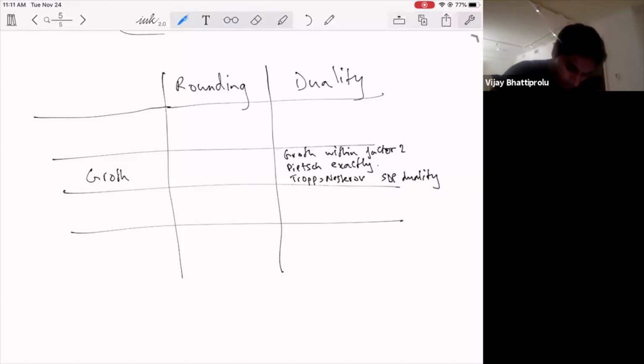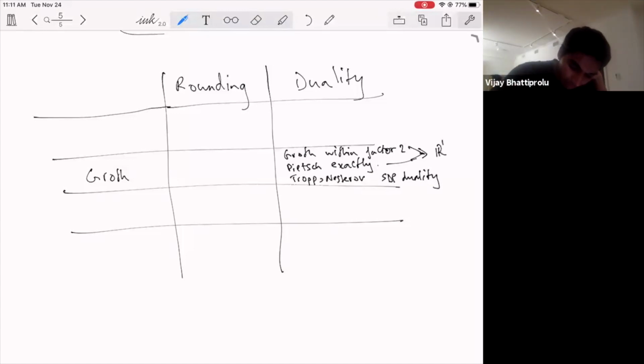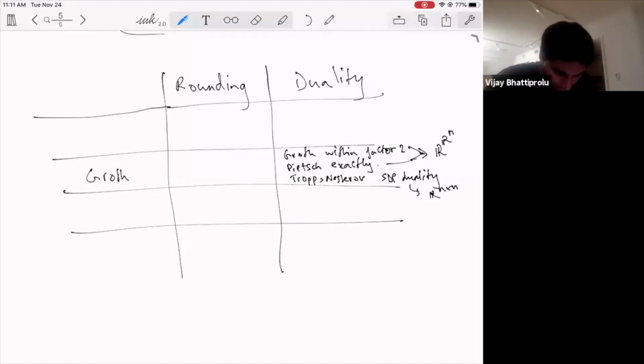Grothendieck's and Pisier's proofs were also separation arguments, but they took place in R^n. These arguments aren't long, but one difference between these arguments and SDP duality is that SDP duality takes place in R^(n×n).